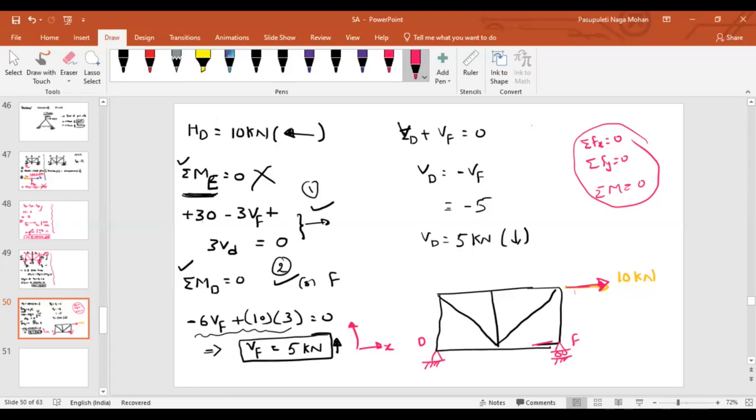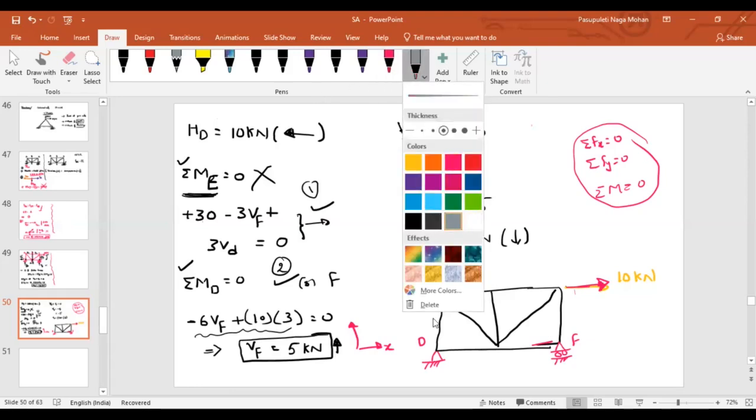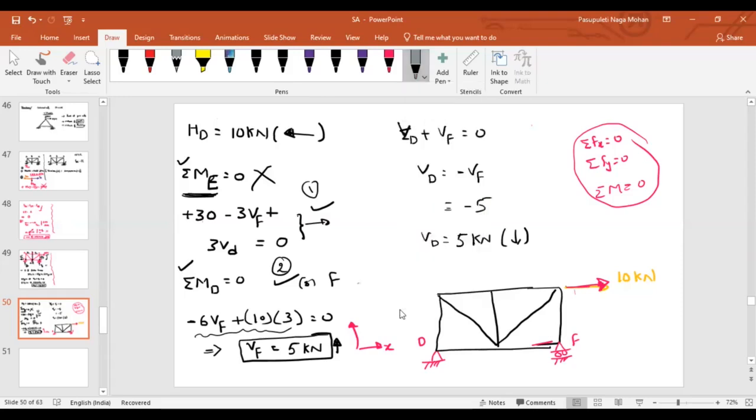The force is acting on the right side. How can I balance it? Left side, in the opposite direction. Instead of doing any calculations, I am saying that it acts on the left.